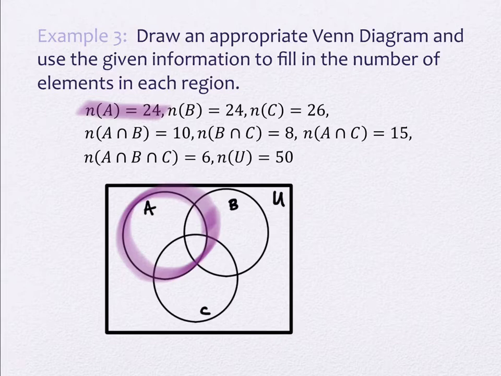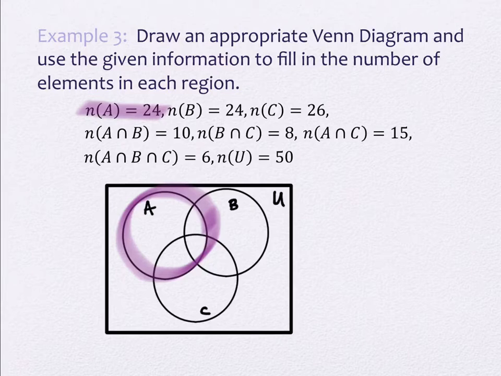Parts of them overlap with B, parts of them overlap with C, parts of them are A only, but there's 4 different regions, and if I want to put the number 24 somewhere in here, I have quite a few ways I could do that. I could put the 24 in each one of the 4 regions. I could break it apart into 12 and 12, or maybe I have 6 and 6 and 4 and, whatever's left, 8. I mean, I can break it apart in lots of different ways.